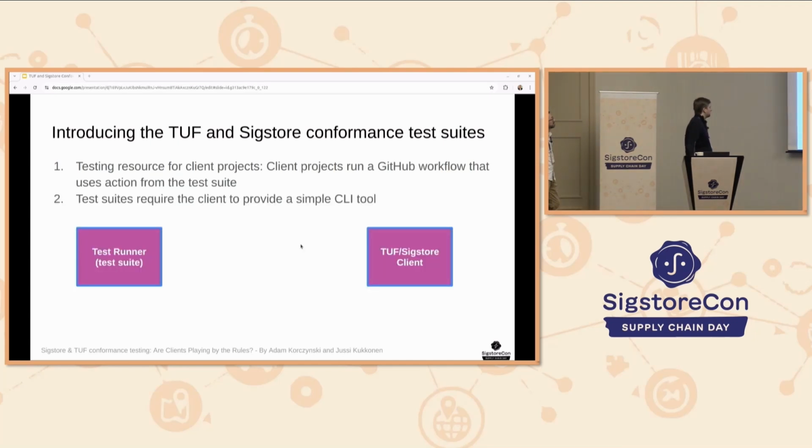So this entry point that I highlighted is a CLI tool that the test suites ask clients to implement, and Jussi will get into that in a little bit. But essentially, we have the test suite on the left here, and we have a TUF or Sigstore client on the right that we want to test.